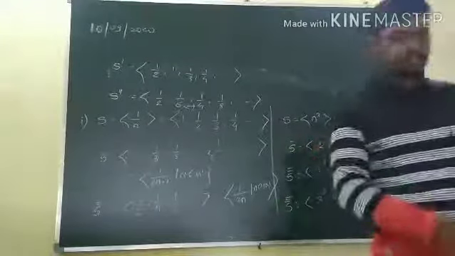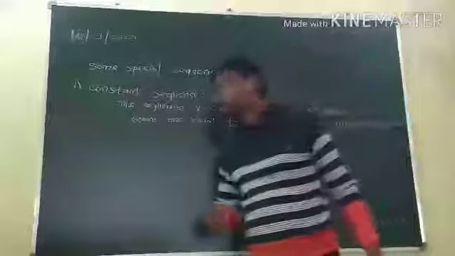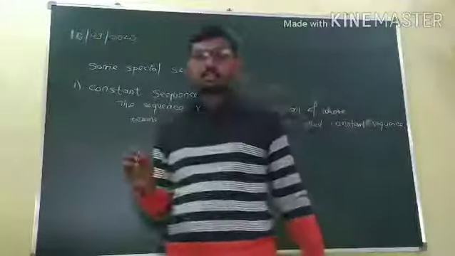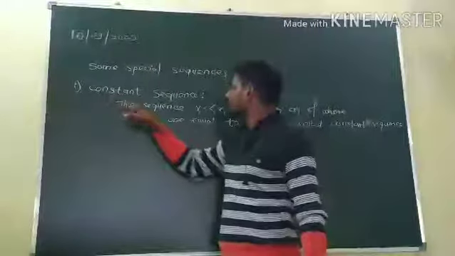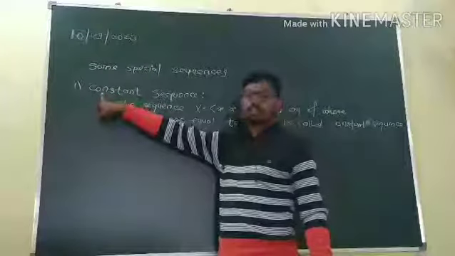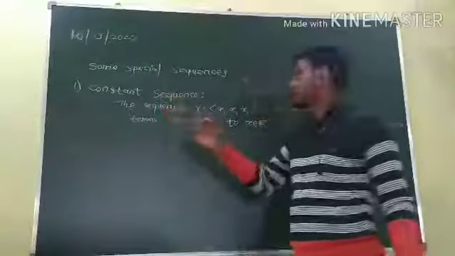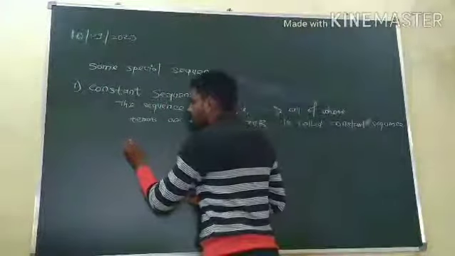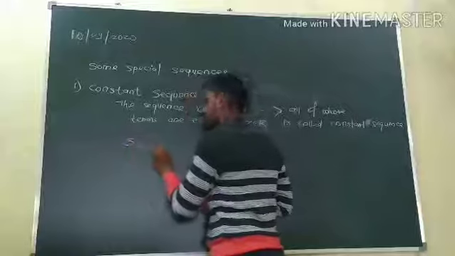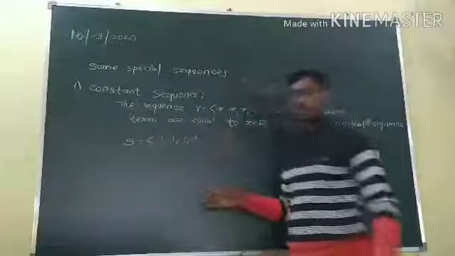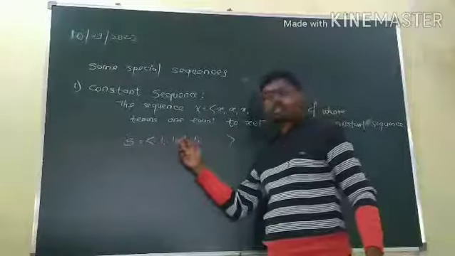Understand? So the next point is the constant sequence. What is a constant sequence? We get the idea from the heading only. What does constant mean? A fixed number. For example, take the sequence s equal to 1, 1, 1, 1, 1. Every element is fixed, that is constant.